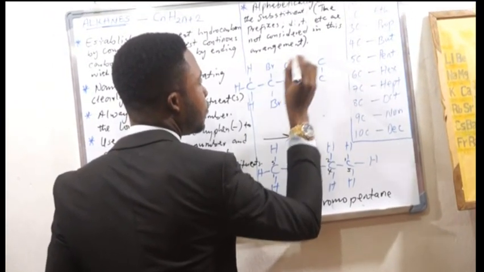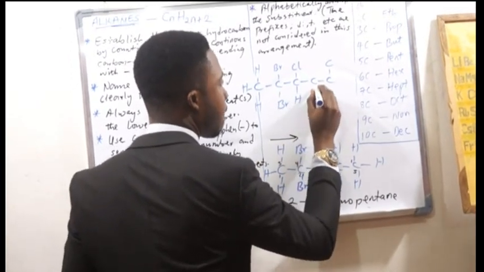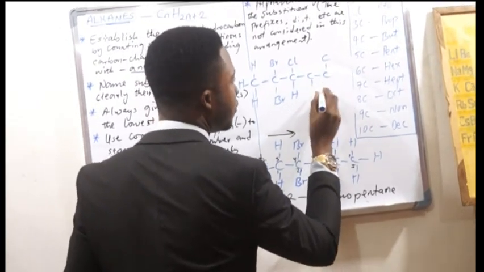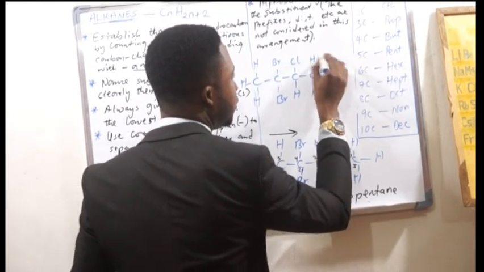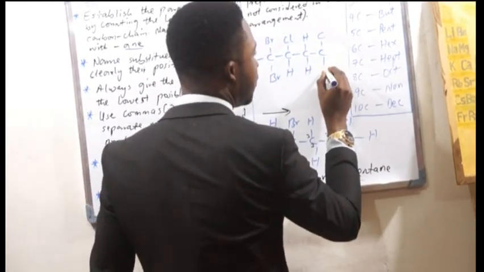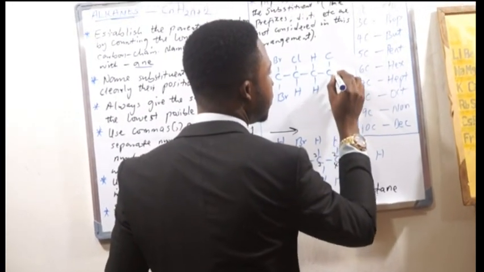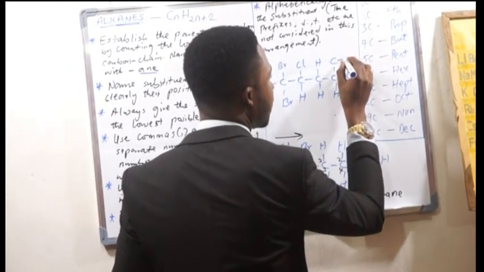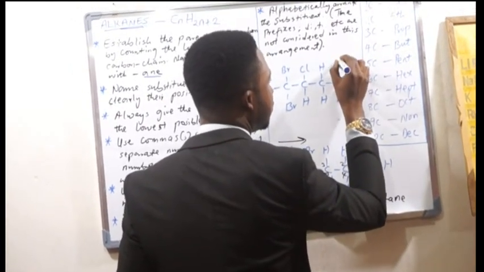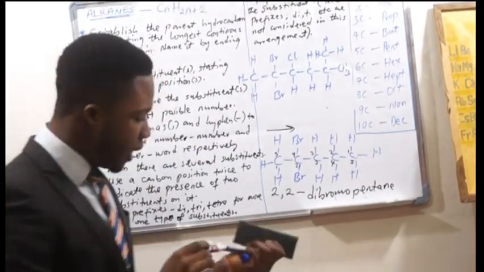Here we have chlorine. And then we have our hydrogen. We have a hydrogen here. We have a hydrogen. Then here we have a methyl group. Here we have hydrogen.